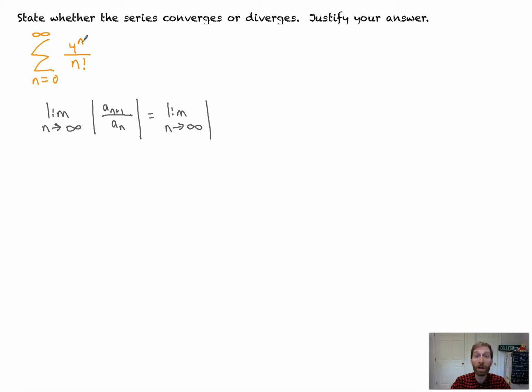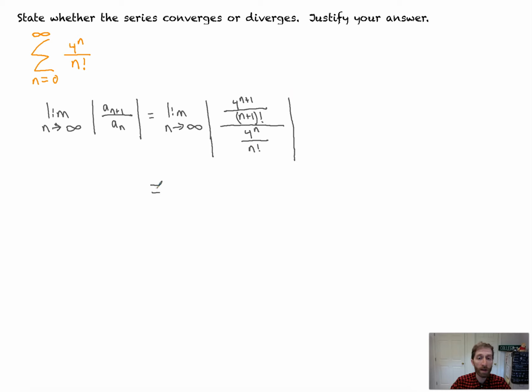That's literally plugging in n plus 1 for each of these values. That would be 4 to the n plus 1 all over n plus 1 factorial. That's your a sub n plus 1, divided by the nth term, which is the exact value that you have in your series: 4 to the n over n factorial.